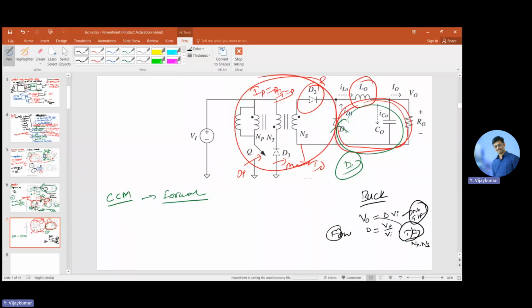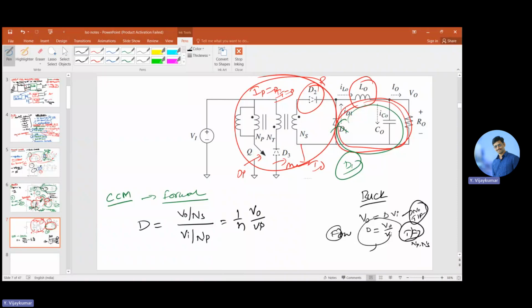If we take the same D value for the forward converter, D is equal to V output divided by NS, and V input divided by the number of primary turns N. So that is 1 by N times V output by V input.